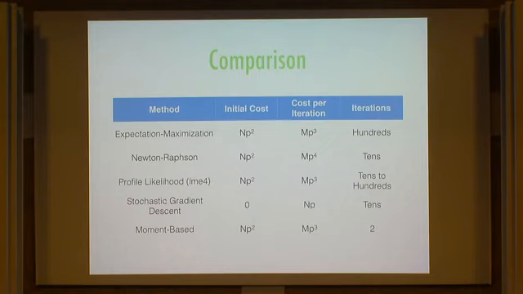Okay, but just as a comparison against these other approaches, with the moment-based approach, you still have a high initial cost. You still have a relatively high cost per iteration, but there are only 2 iterations. So that results in big savings. And often in practice, the dominant cost is the iteration, not the initial cost.